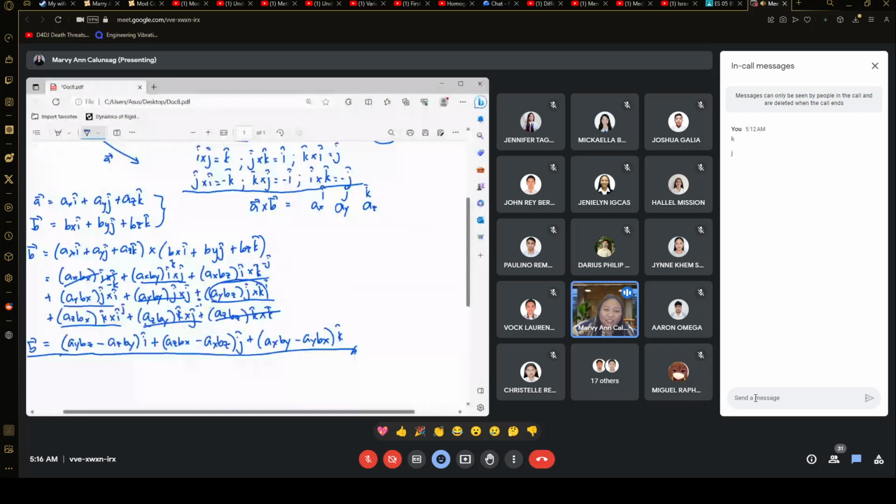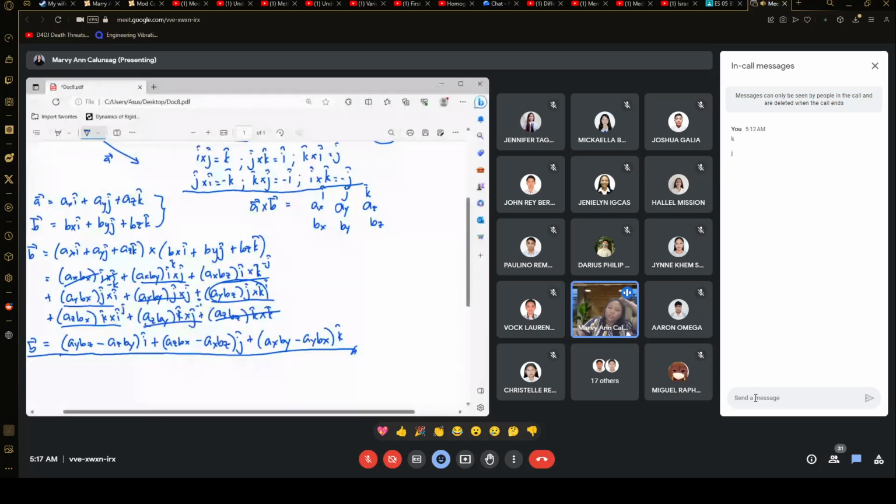And then the third row will be BX, BY, BZ. So do not interchange. If it is B cross A, then your second row will be BX, BY, BZ, and the third row will be AX, AY, AZ. So it is not interchanged.